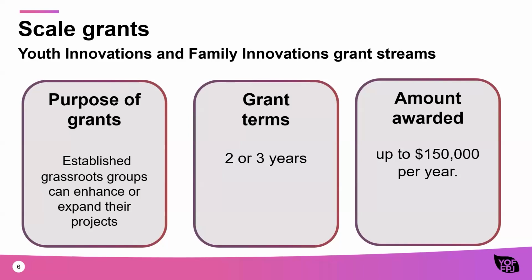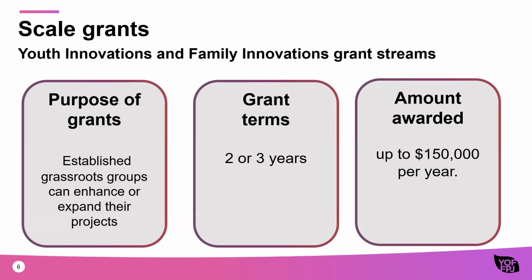Within the Youth Innovations and Family Innovations grant streams, there is funding available to enhance or expand existing projects. These are called scale grants. With a scale grant, established grassroots groups can expand their reach or enhance their impact by scaling up an existing project.